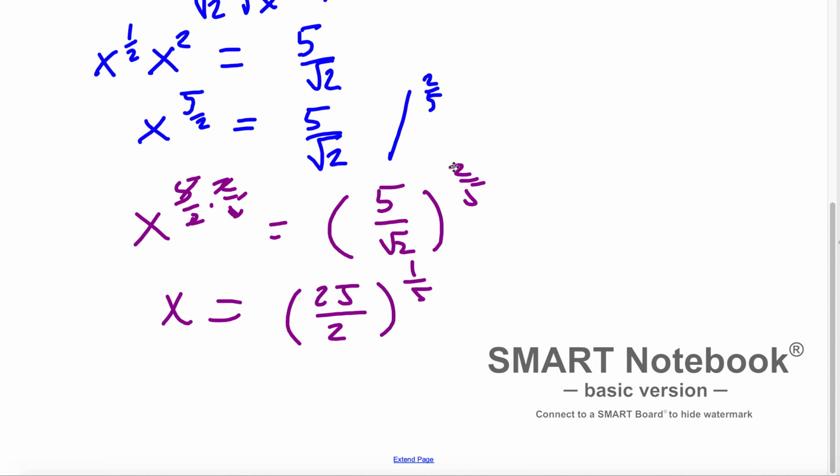I distributed just this 2 inside. And now if we write this in radical form, we can write x is equal to, so this denominator goes here, and everything is 25 divided by 2. So this is the numerical value of x.